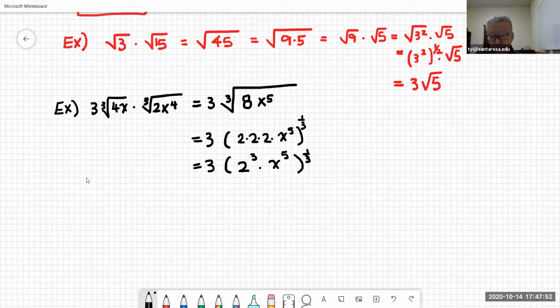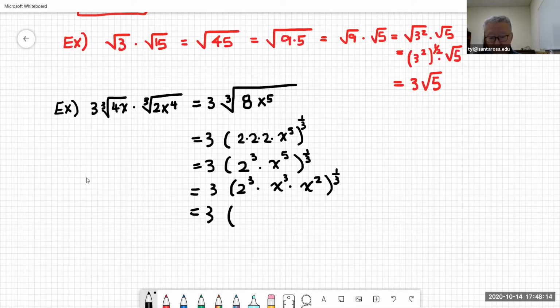If I rewrite this one more time, I can rewrite it as 2 cubed, x cubed, then x squared, all to the 1/3. Now apply the power rule here. Then I have 2 to the 3 times 1/3, x to the 3 times 1/3, and x to the 2 times 1/3.